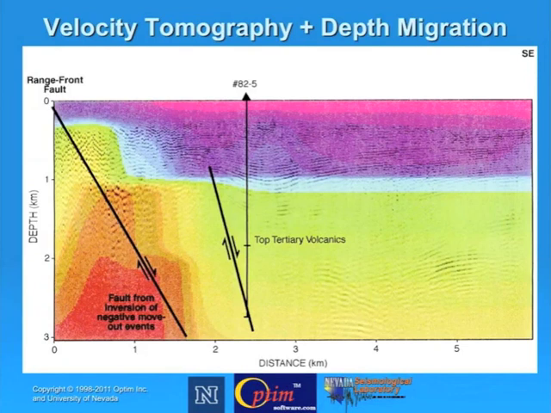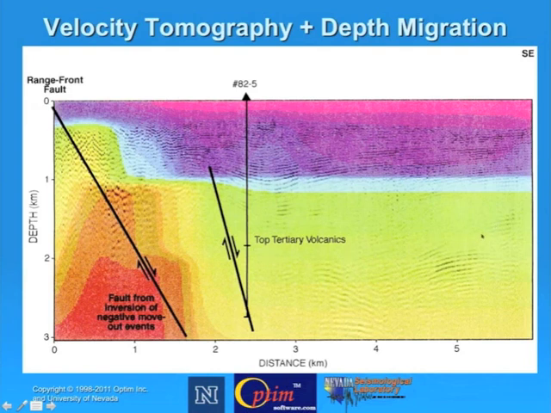So, kind of putting it all together, here's a section which shows the velocities underneath in color, and then in black and white on top of it is plotted the reflections.